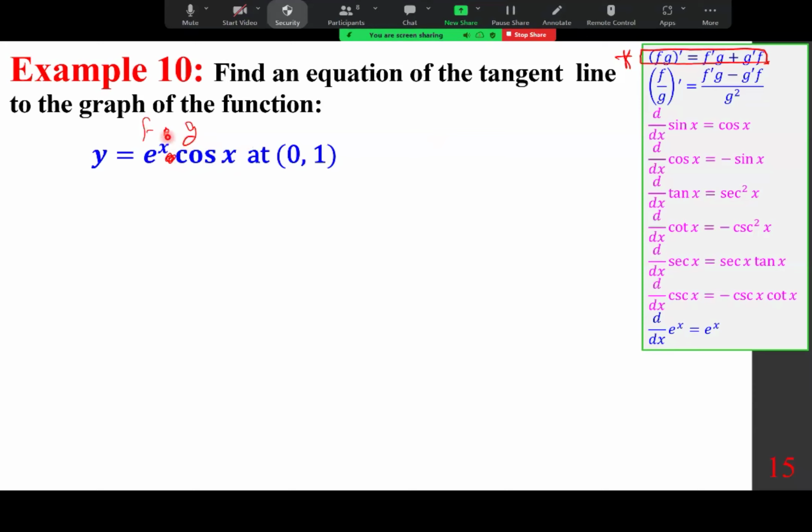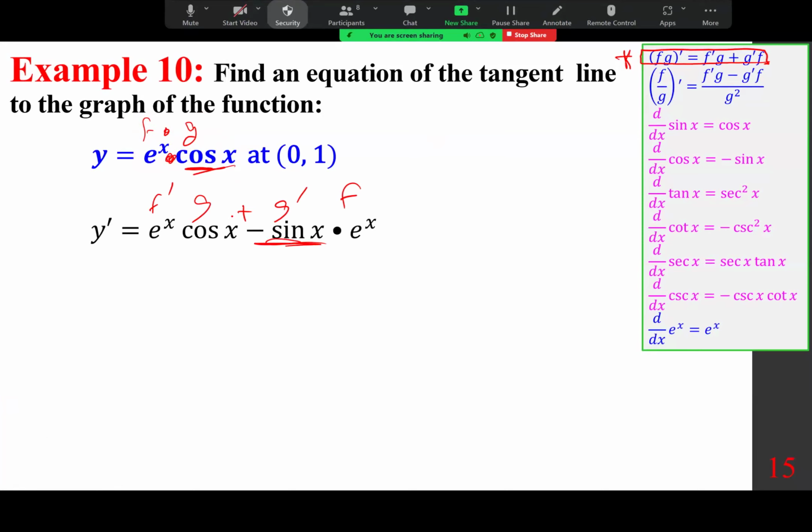So we get e to the power of x times cosine x minus sine x times e to the power of x. So this would be f prime g plus g prime f. Bear in mind that the derivative of cosine is minus sine. So this is a plus. We're going to factor the e to the power of x out.